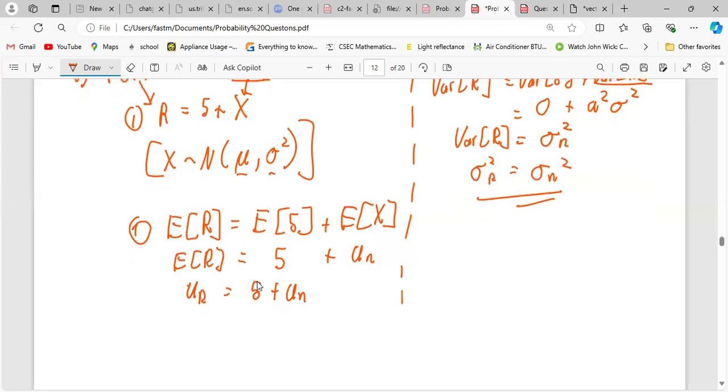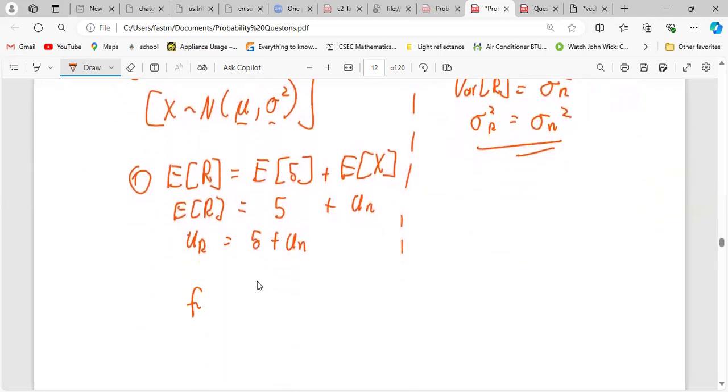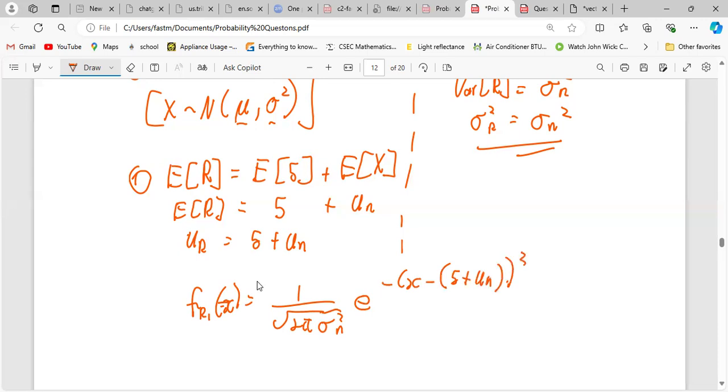So now we can put it together into the PDF. You say f of R1 of X is 1 over the square root of 2 pi times the square root of the variance, 2 sigma squared N, e to the minus x minus mu R, which in this case is 5 plus mu N, squared, divided by 2 sigma squared N. Right?